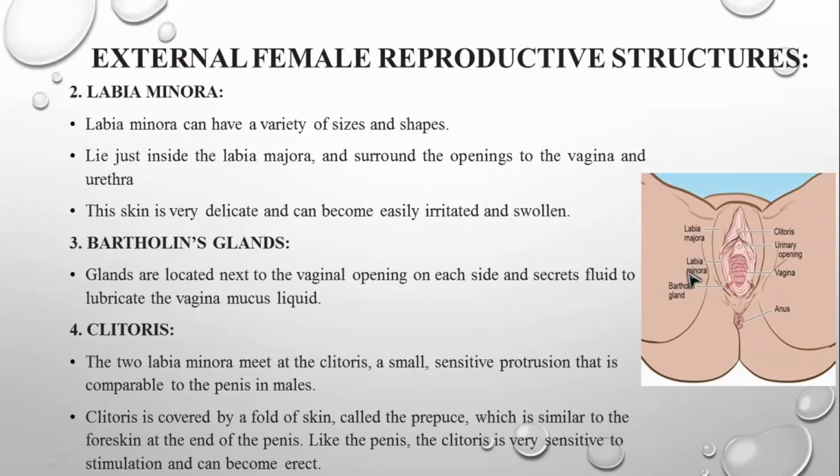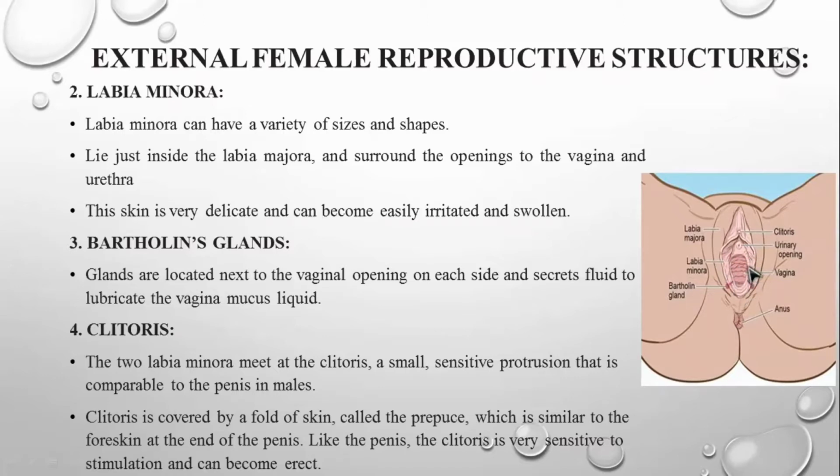The labia minora can have a variety of sizes and shapes. It lies just inside the labia majora and surrounds the opening of the vagina and the urethra. So this is the urethra, the urinary opening, and this is the vagina. In the female reproductive system there are separate tracts for urine and for sexual intercourse.